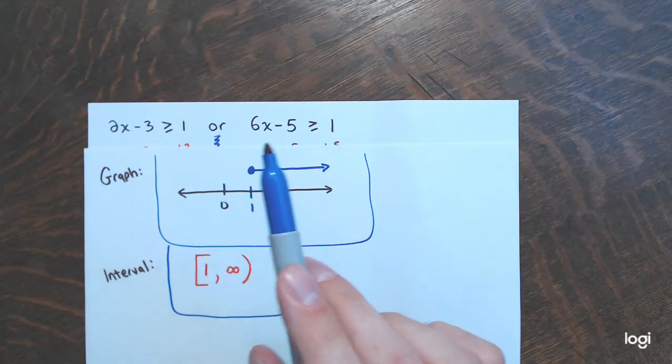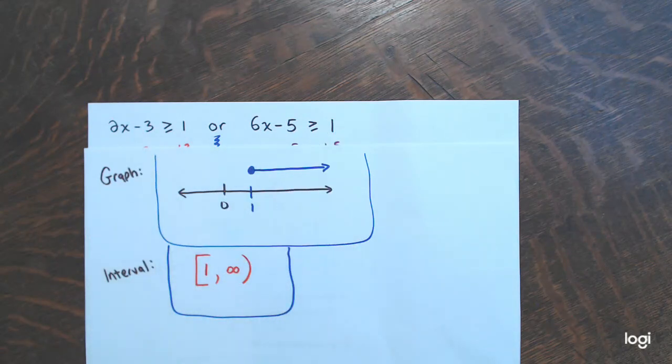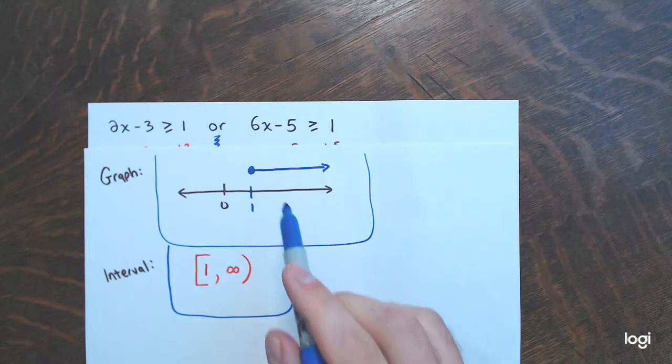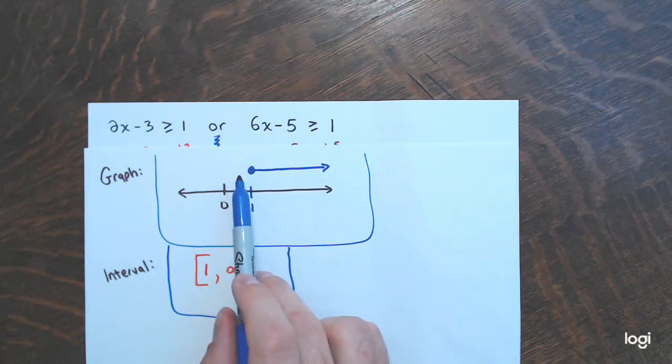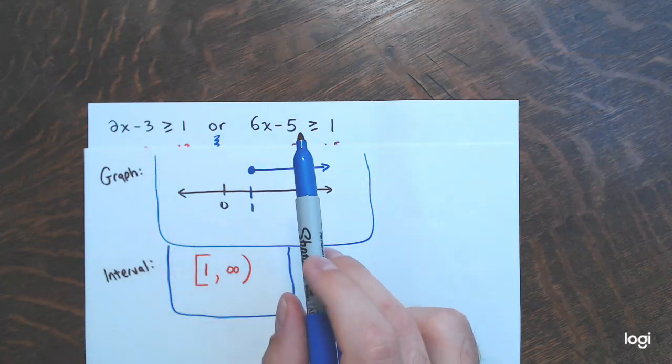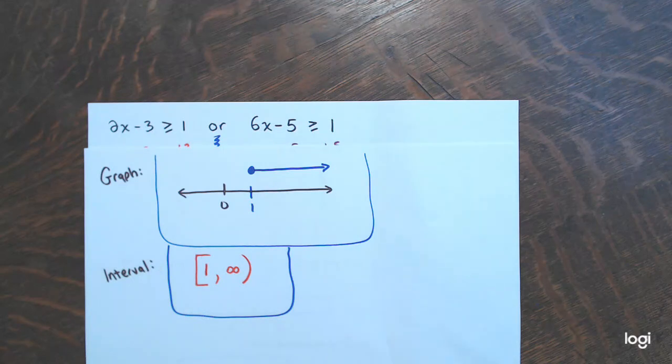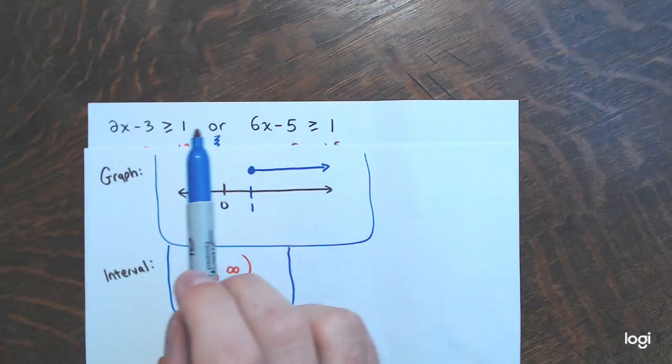This one, or both. Right? Again, check as many numbers as you want that are greater than or equal to 1. On the other hand, if you pick a number less than 1, neither of them will be, right? Because again, only numbers that are solutions will satisfy at least 1.